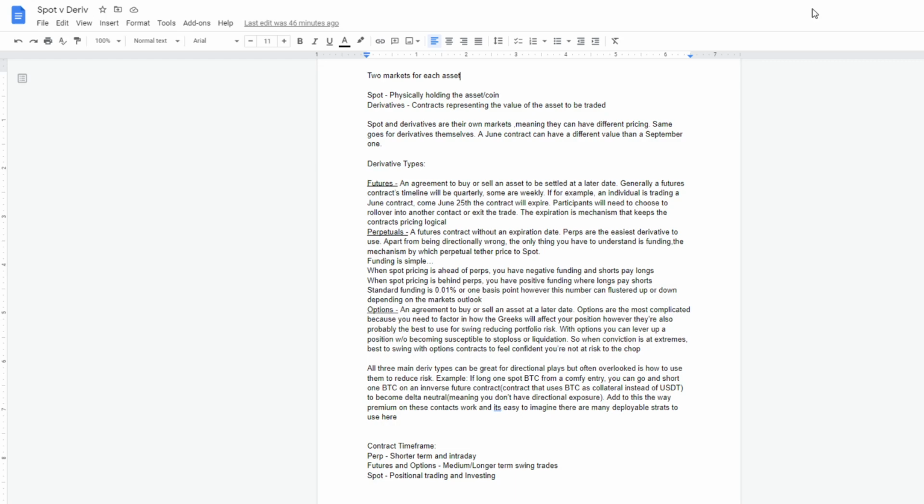You can have funding on less liquid coins all the way up to 0.5% or 0.75%, and you can definitely build strategies around that. So to summarize, it's a directional contract with no expiration date, and it's definitely the easiest to use because all you really have to worry about is to make sure that the trade you're going to be executing, that the profit outweighs the small funding rate that you're going to be paying, which, like I said, is 0.01% by default.